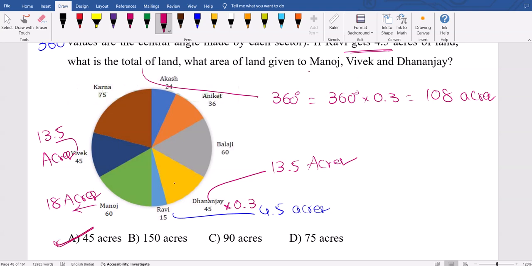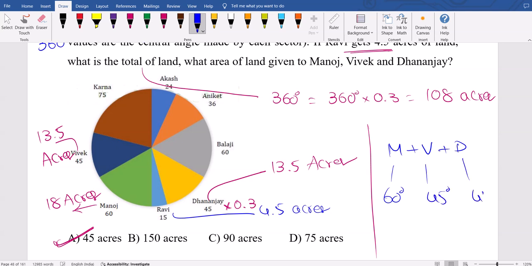What is the area given to Manoj, Vivek and Dhananjay? So you can do direct addition. If they're asking that exactly, Manoj, Vivek and Dhananjay, for 60 degrees, here 45, here 45, adding 150 degrees. 15 degrees is 4.5, 150 degrees is 45.